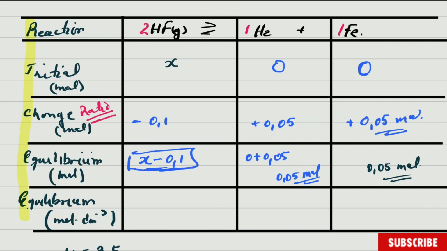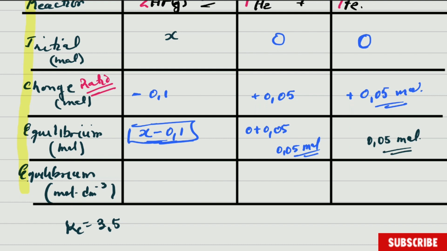Now we are going to the concentration at equilibrium. How do you calculate the concentration at equilibrium? We're going to use the formula concentration is equal to number of mole divided by volume, and we're going to use the formula in each of the different cells there.